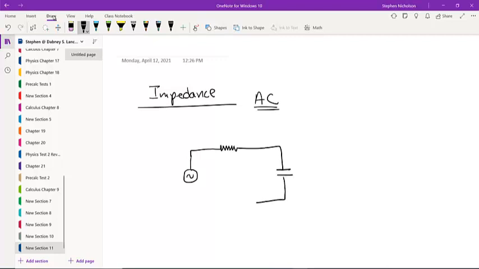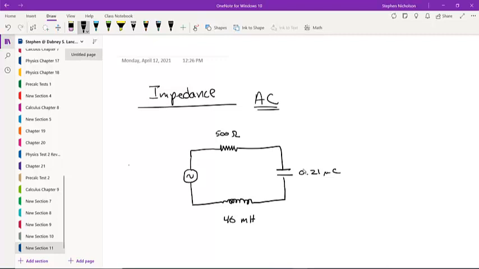So you have a voltage source that's going to be sinusoidal. And let's say we have a 500 ohm resistor, a capacitor which is 0.21 microfarads, and an inductor which is 46 millihenries.